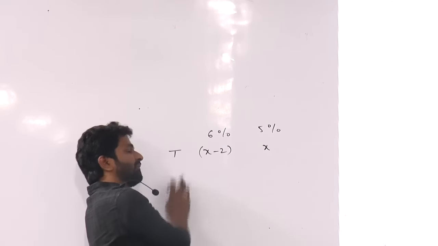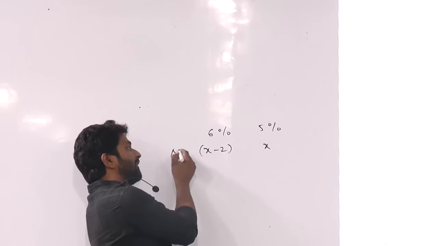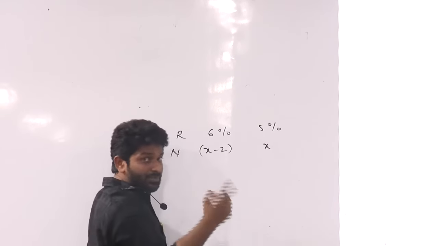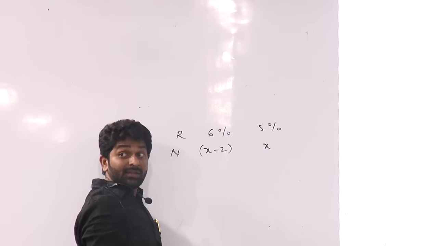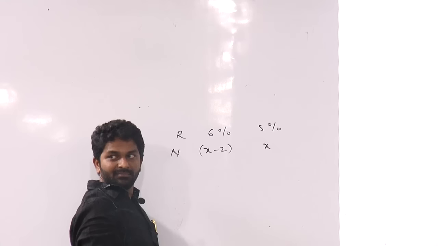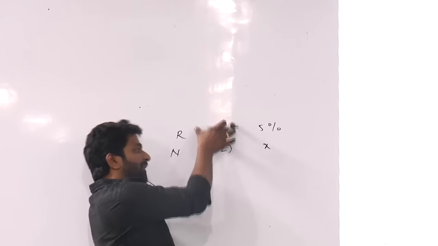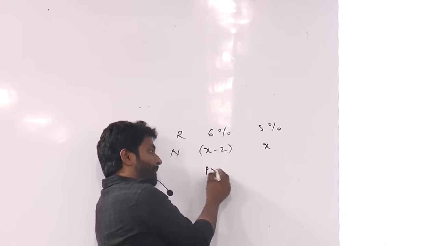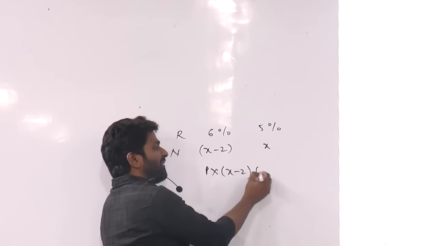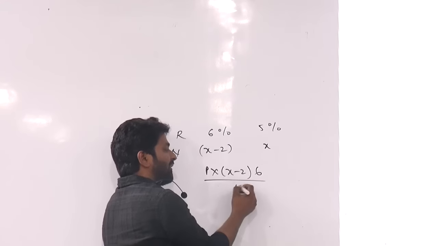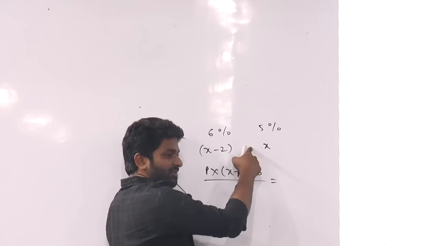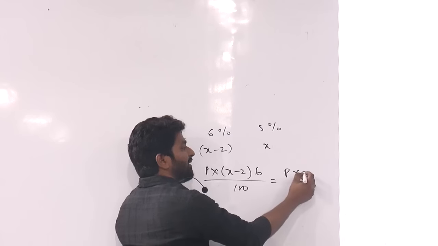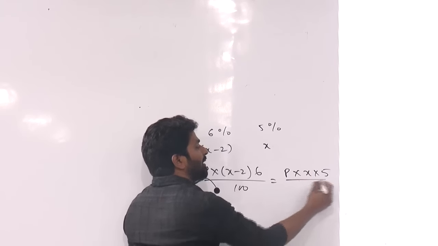This is the time period, n value, and this is the r value. Principals are same. If amounts are same, it says simple interests are same. Simple interest obtained in this particular case, PNR by 100, is equal to simple interest obtained in the second case, PNR by 100.